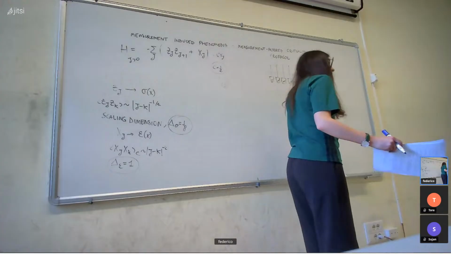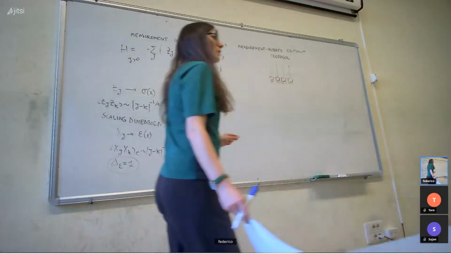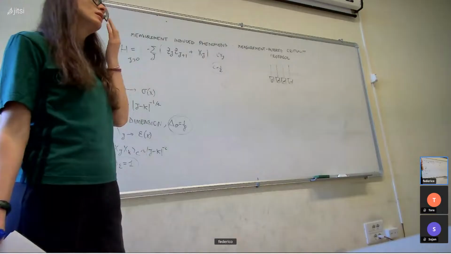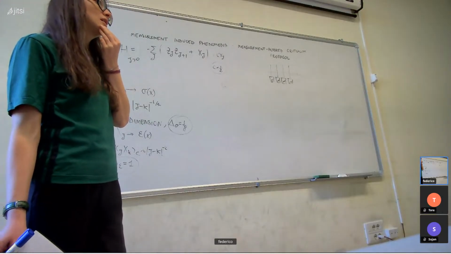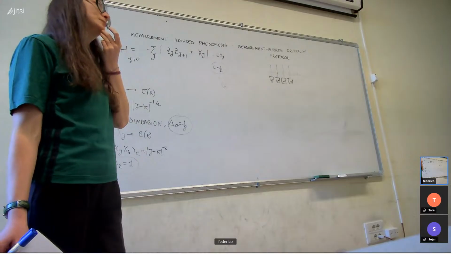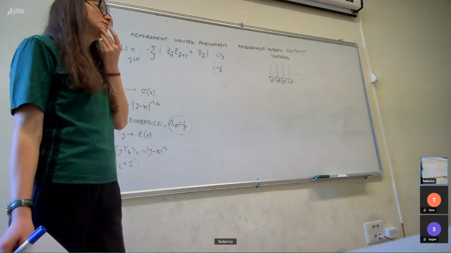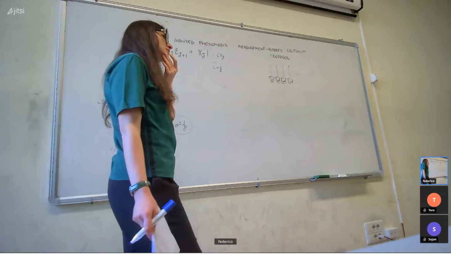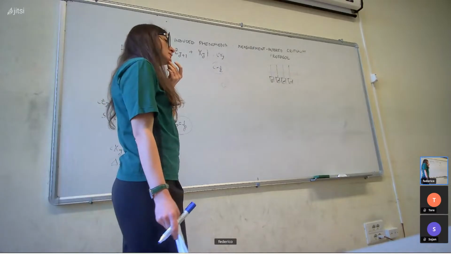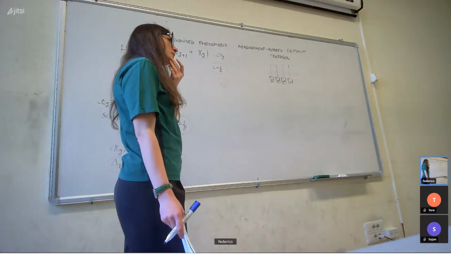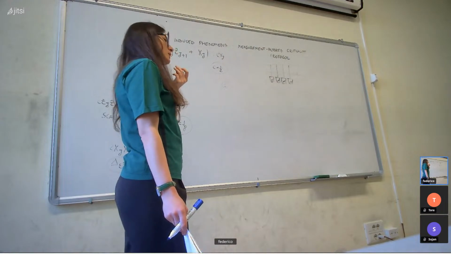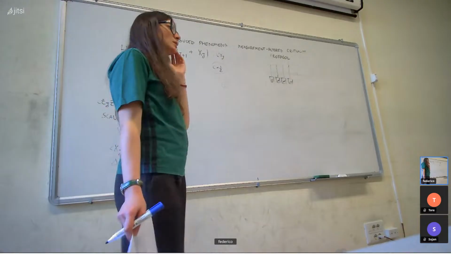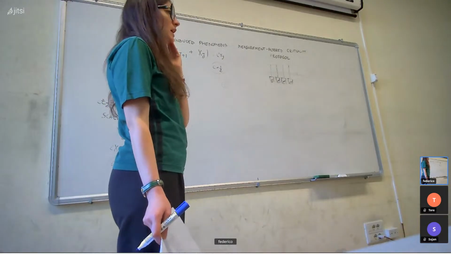Question. So this is all predicated on the assumption that we are measuring on every single site. And what if you relax this condition, having measurement on a subset of the sites? Yes, the result will be the same.